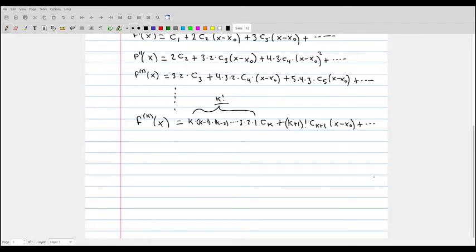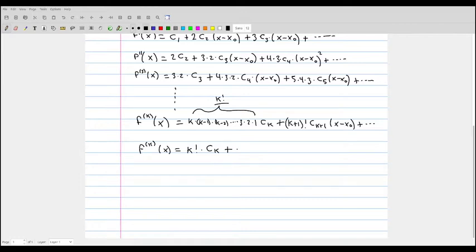And this directly gives us the correct way of figuring out what the kth coefficient is, because the formula that we've derived is that the kth derivative at the point x is just going to be k factorial, or the multiplication of all the numbers up to k, times ck plus all of the higher order terms.